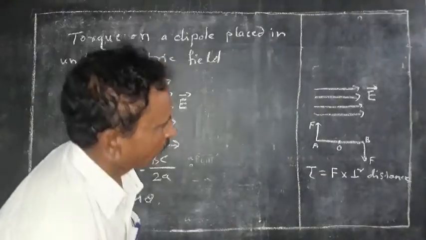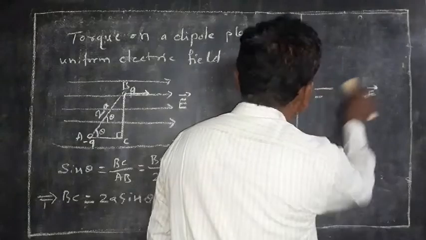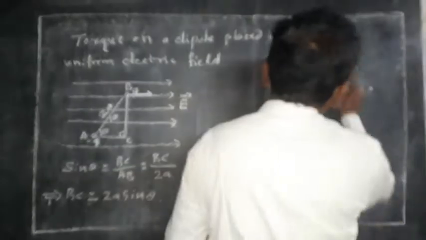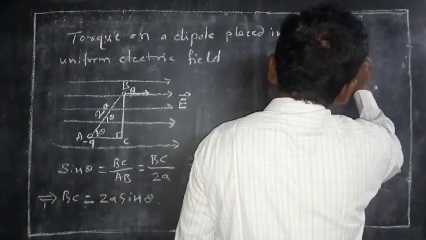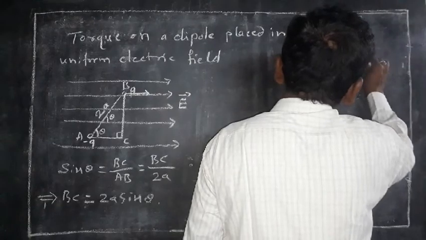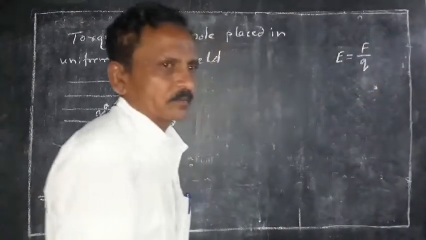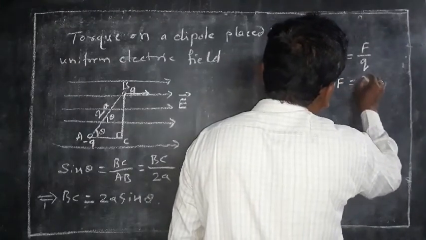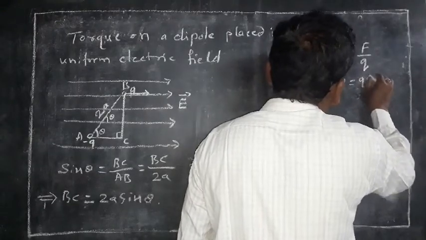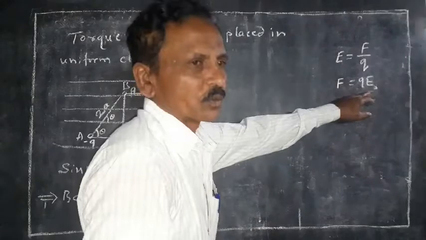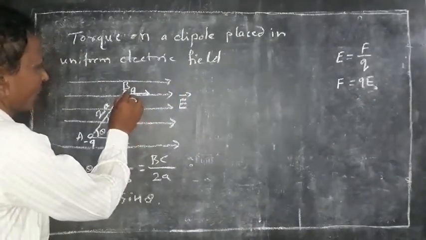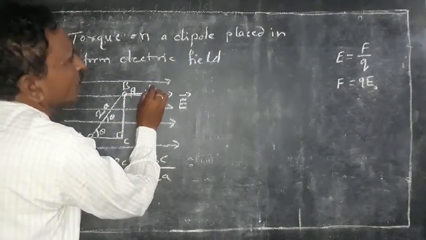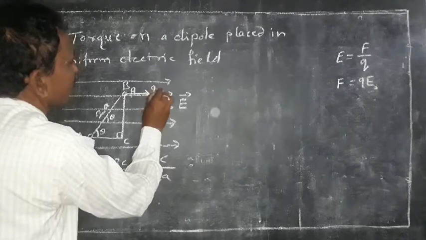According to the definition of electric intensity, E equals force per unit charge. Therefore, the force experienced by the charge, F, equals Q into E. If the charge is positive, F is positive. Hence, the force on the positive charge is in this direction and equals Q into E.